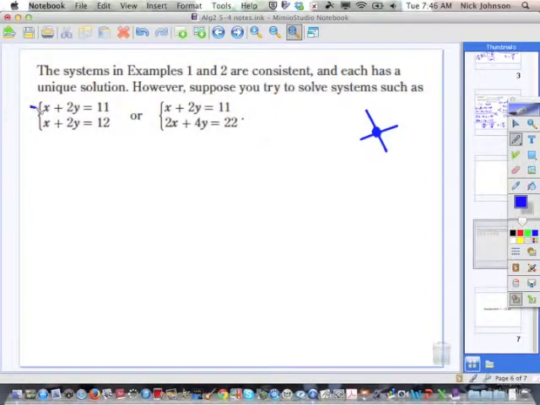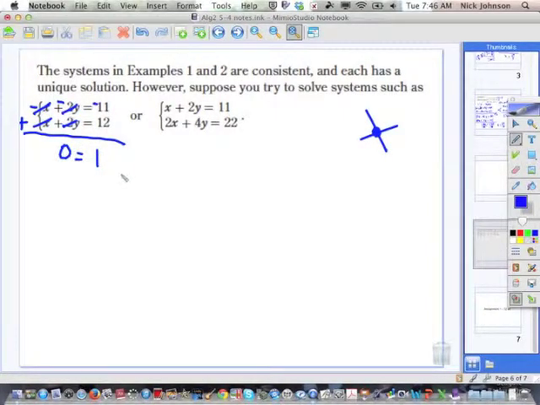So this becomes negative, this becomes negative, this becomes negative. As I add these together, a negative x plus x gives me 0. A negative 2y plus 2y gives me 0. And a negative 11 plus 12 gives me 1.